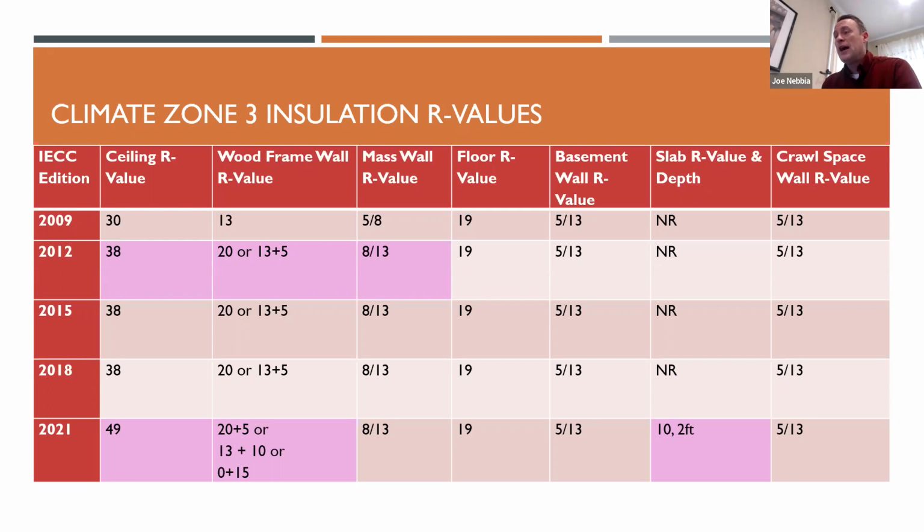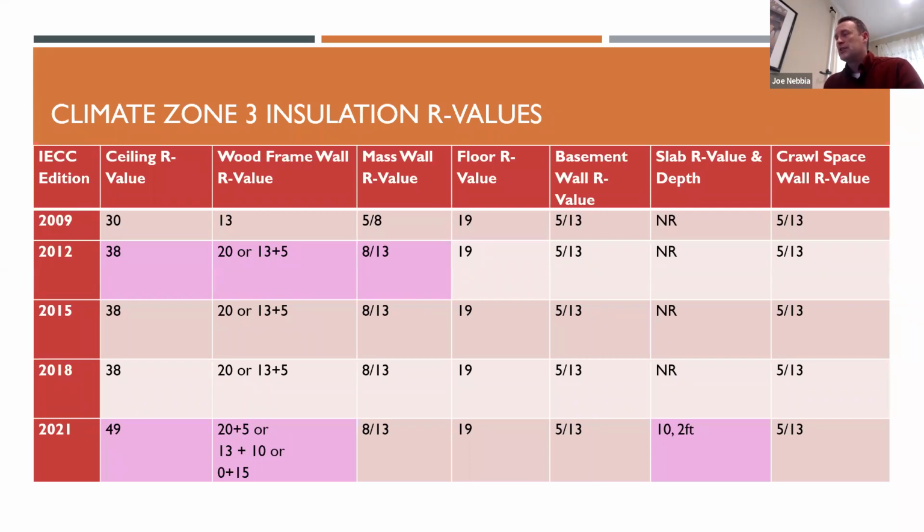Now, I could not do, in this case, let's say an R21 plus 4, because that R5 continuous insulation is worth more on the outside because it's uninterrupted by framing. So I can't trade off in an exactly additive way.